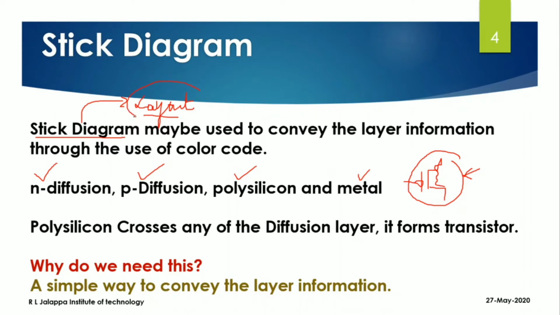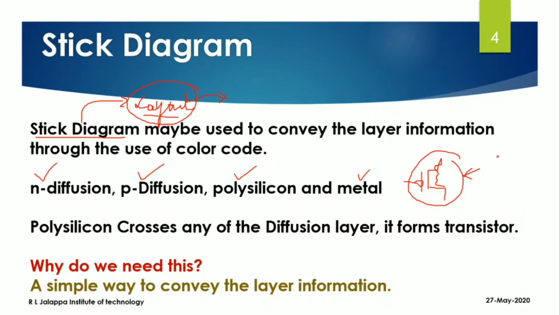Once you write the layout using the lambda rules, then using a CAD tool, it may be Cadence or any other tool, you will extract the netlist and you will give it for fabrication. So it's a long process. In this we are going to study up to the layout part.